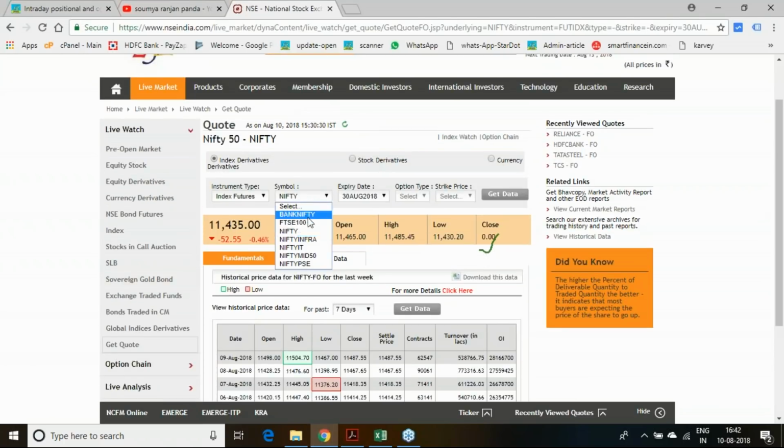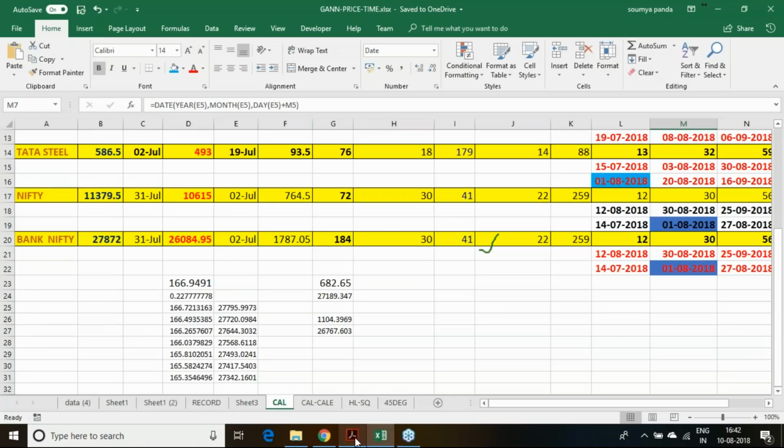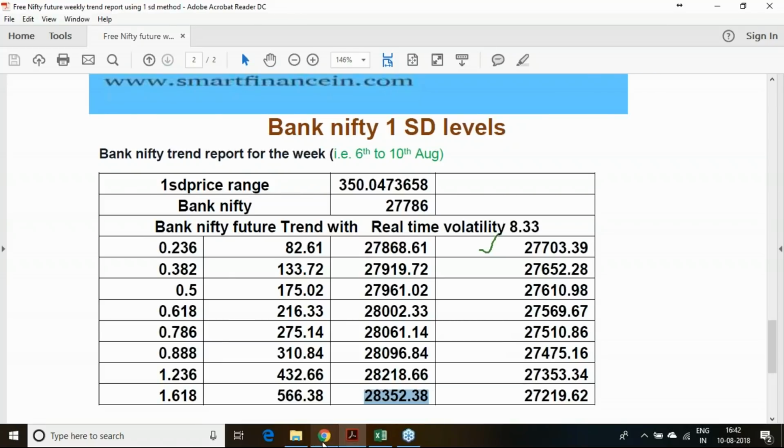If I go to the Bank Nifty and investigate the past 1 week data, I'll find that 28,386 was the weekly high and 27,825 was the weekly low. So the selling side of 27,652 has never come, and 28,385 suggests that some 20 to 30 points above the last target also we have achieved.